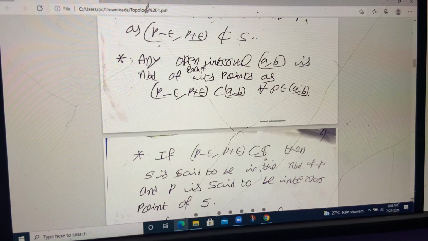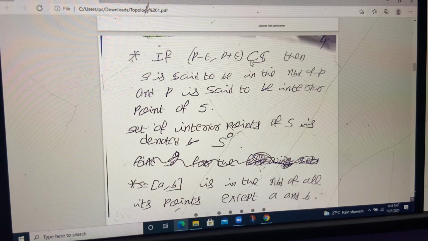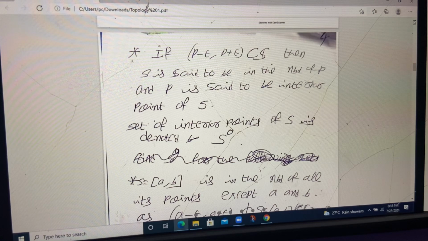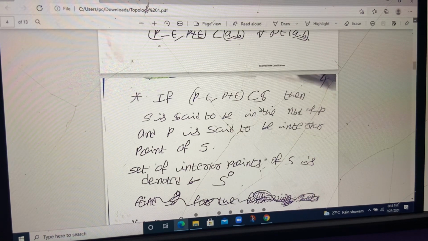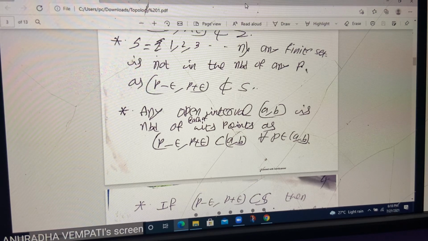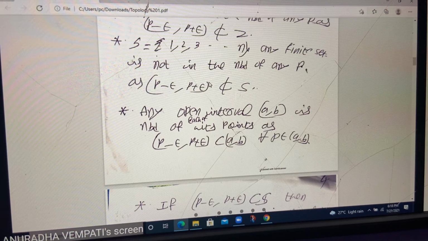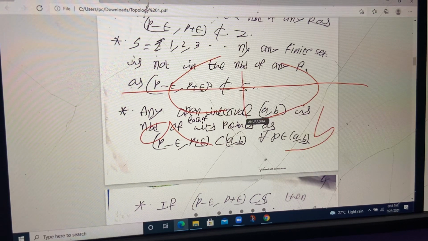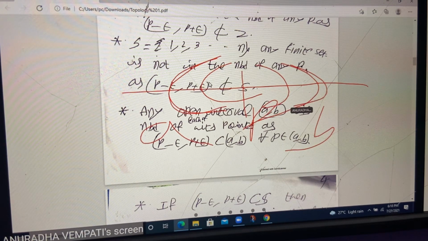So next one, P minus epsilon, P plus epsilon. Can you say once again, ma'am, for P belonging to the open interval? Open interval AB means it is in between. When P belongs to the open interval A comma B, it contains real numbers, reals meaning rationals and irrationals.